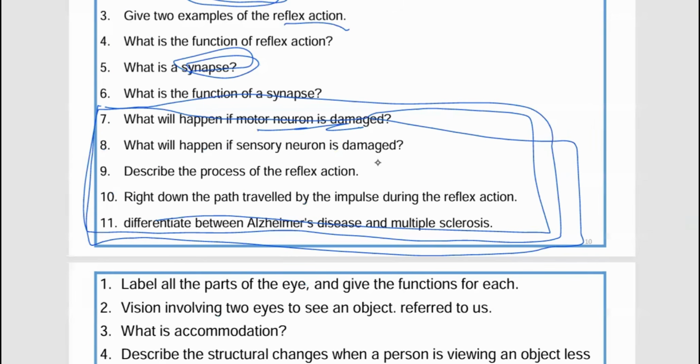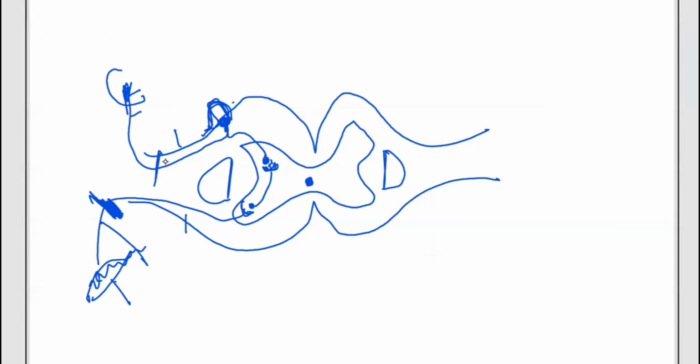And then when it comes to this, if the sensory neuron is damaged and the motor neuron is working, then it means that the person won't be able to sense, but the person will be able to react.